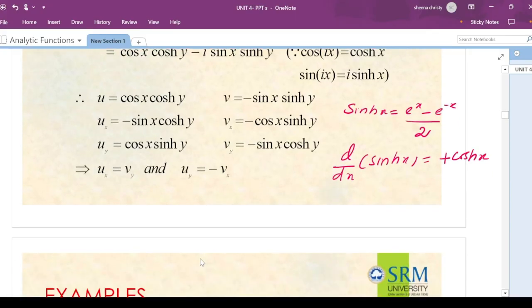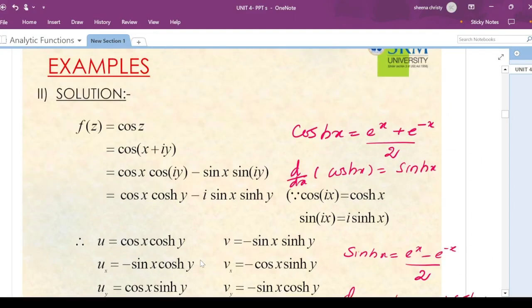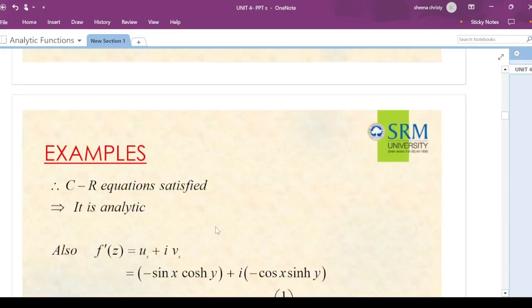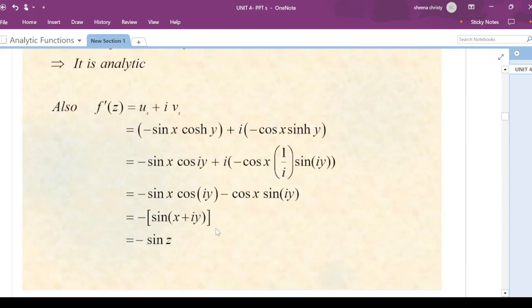So, the CR equations are satisfied. Therefore, we can say that f(z) = cos z is an analytic function. Next, we have the derivative of f(z), that is cos z. You can get −sin z in terms of this differentiation.